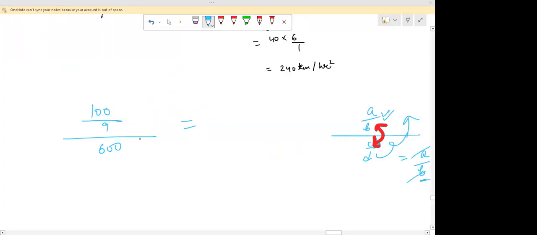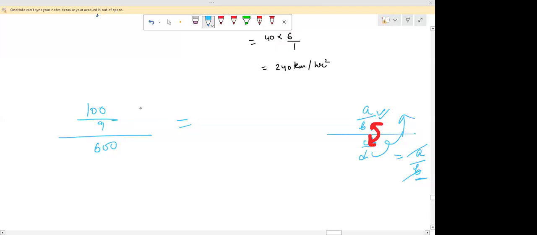Now see, let's write it in ABCD form. A, B, C. What is D? D is 1. Very good. So B and C remain together, right?